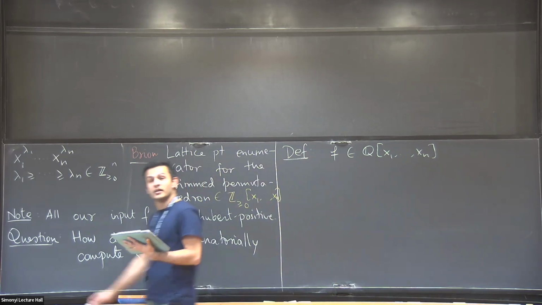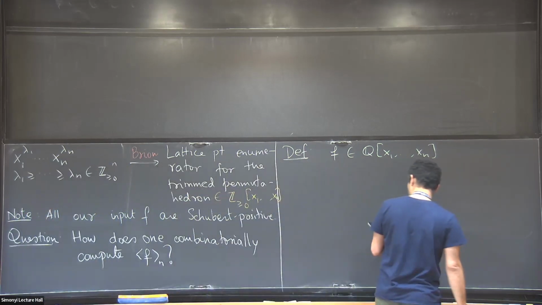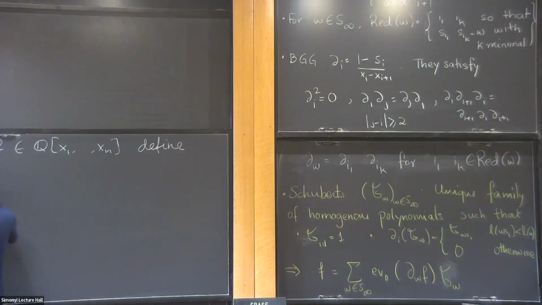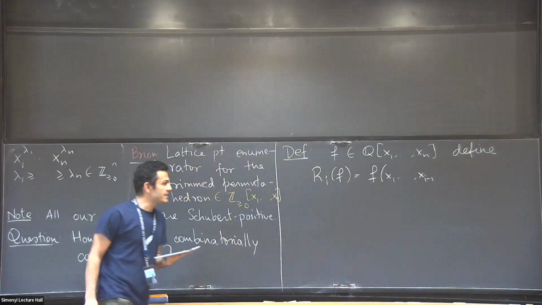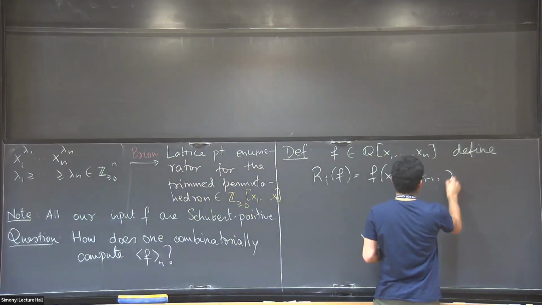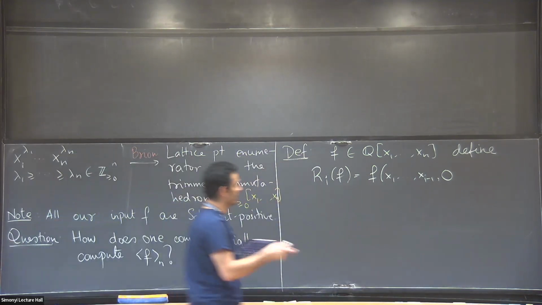I'll define an operator, essentially due to Bergeron and Sottile from their work in '98, R sub i, to be the following new polynomial, which has the first i minus 1 x's in the same way that were present in the original polynomial. x_i is set to 0, and the remaining variables are then reindexed.